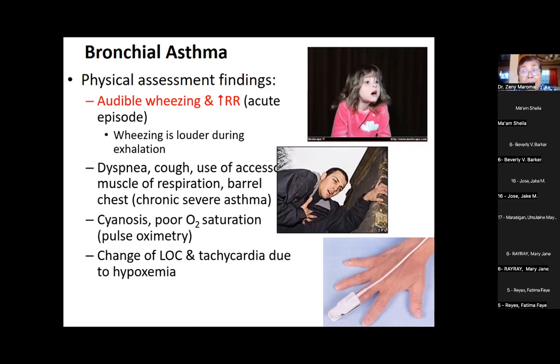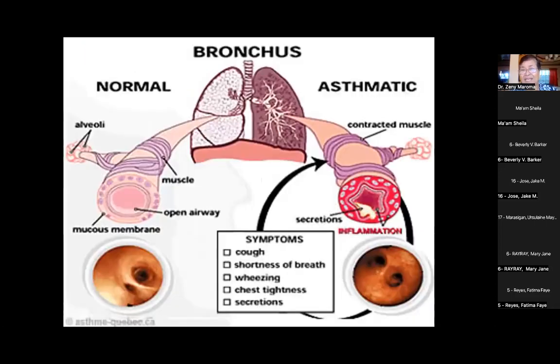So tingnan ninyo lang po mga anak, assessment. Pag ang pasyente ninyo ay masyadong magalaw, disoriented, restless, pangit ang oxygen to the brain. And there is tachycardia due to hypoxemia.